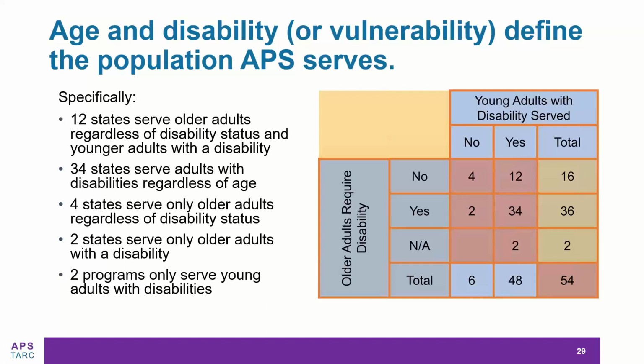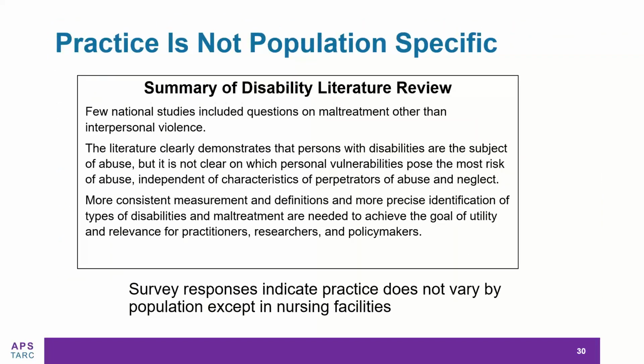You've got APS programs where everybody over age, say 60 or 65, is presumed to be eligible, while the adults must have some way of defining a disability. And so you can see in the bullets there how things fall out, and you can see in the matrix where your program may be and how many other programs you are like. Next slide.